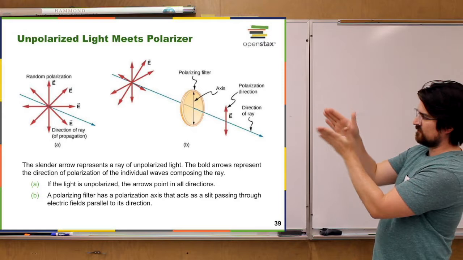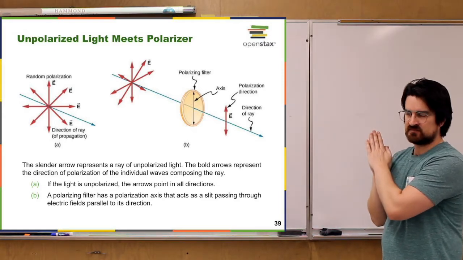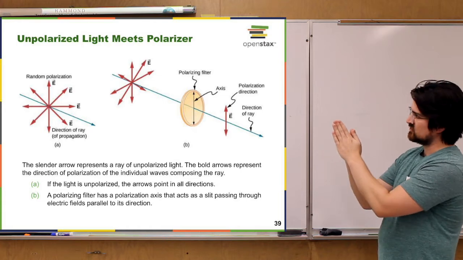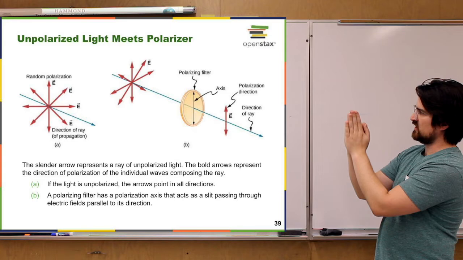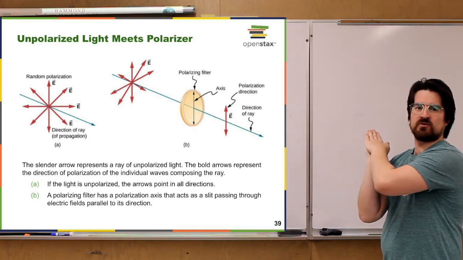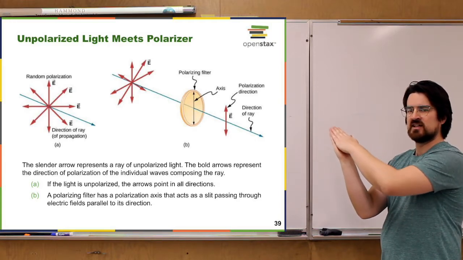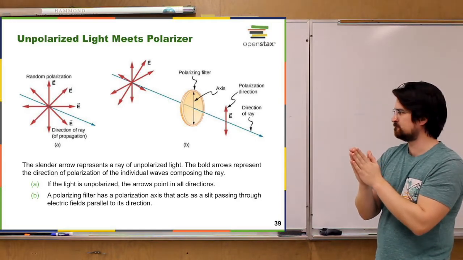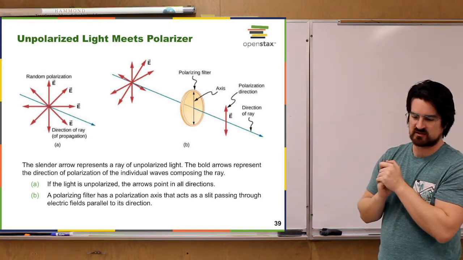Then the polarizer is going to filter out everything except for the stuff that's vertically polarized. But on top of that, the stuff that's partly vertical and partly horizontal, we're going to see in a minute that the polarizer will essentially take away whatever horizontal component there is. So some of that light still comes through, but we only get the vertical component of that, or the component that is in the direction of this polarizing filter's axis.